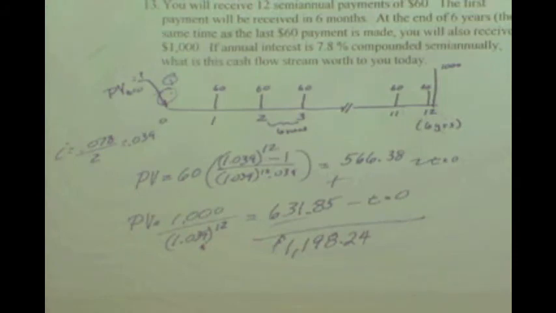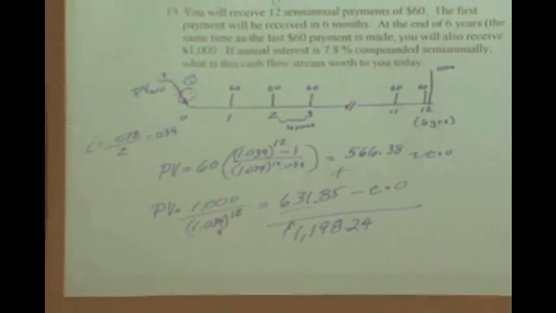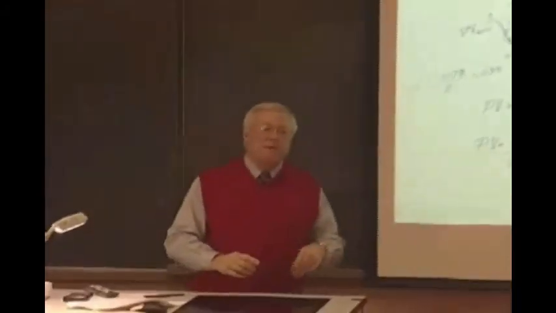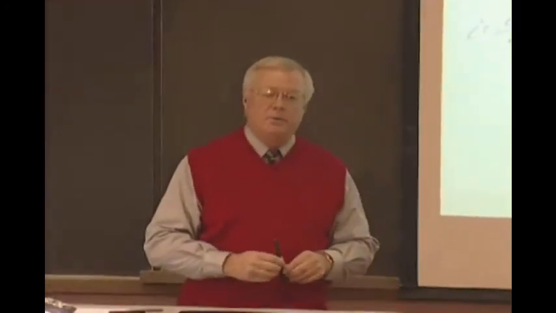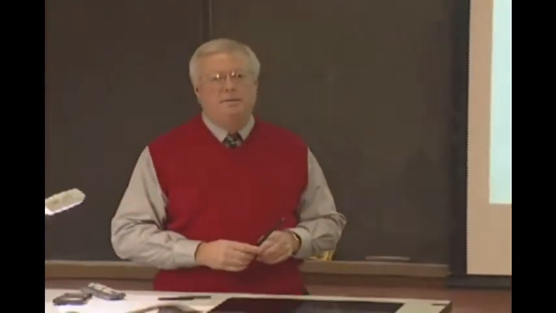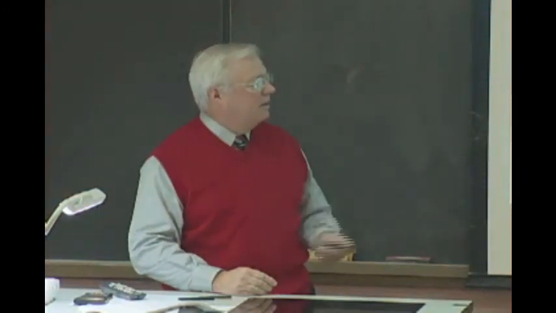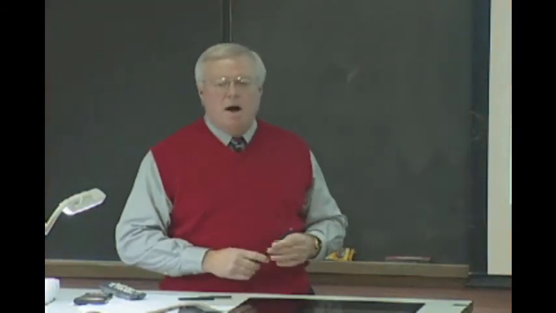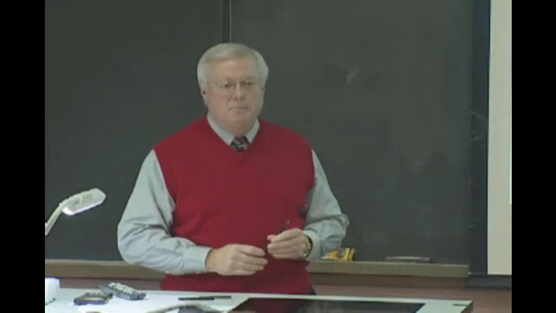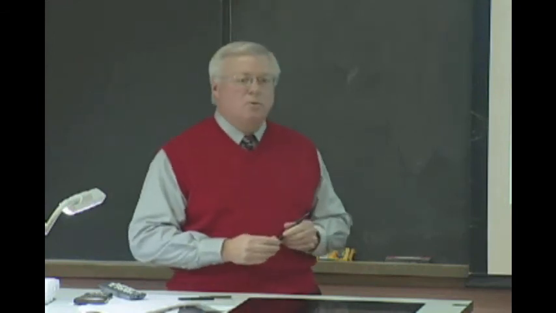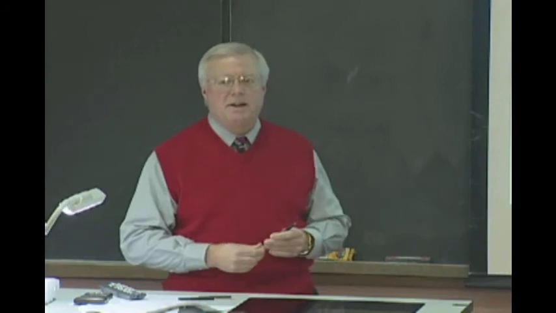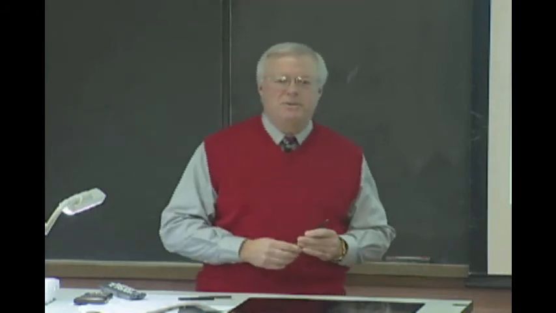Okay. And just as an aside, what we've just done is we've solved for the value of a bond. And this is the timeline of a bond. And if you haven't had your first corporate class yet, you'll probably see that later. And that's all there is to it.